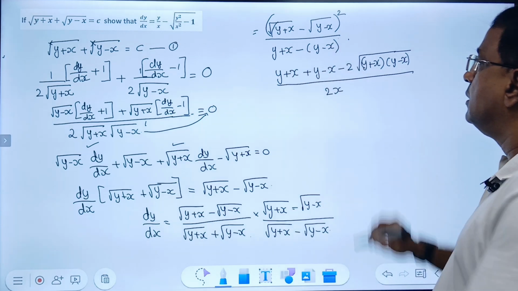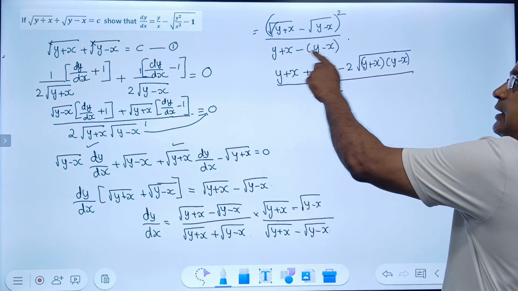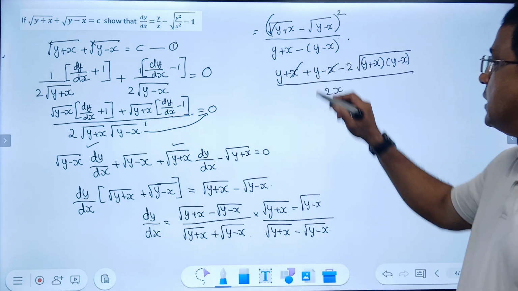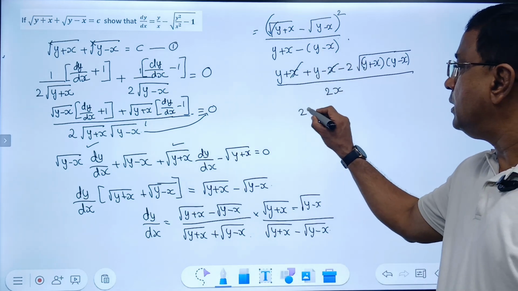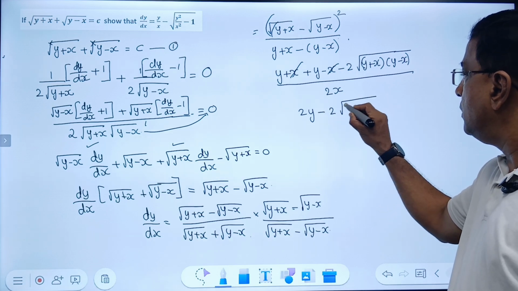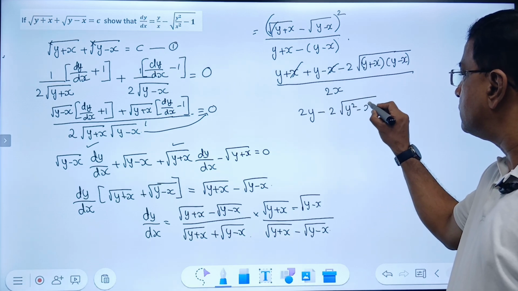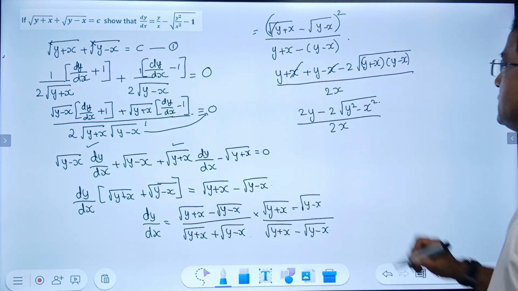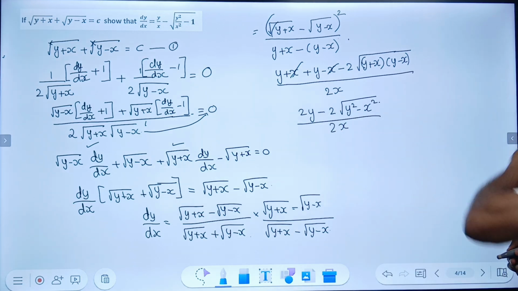Y and y gets cancelled. X plus x is 2x. Now clearly this x and x also gets cancelled. So I will get 2y minus 2 into root of, it's actually y square minus x square divided by 2x. Why it is y square minus x square? a plus b into a minus b.